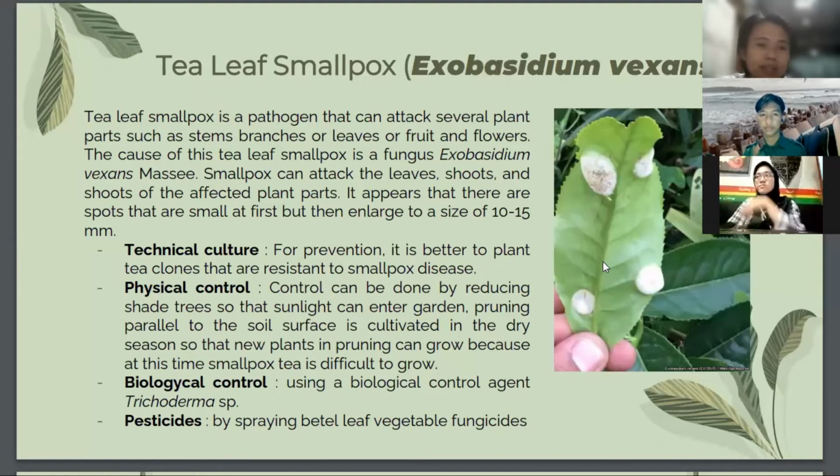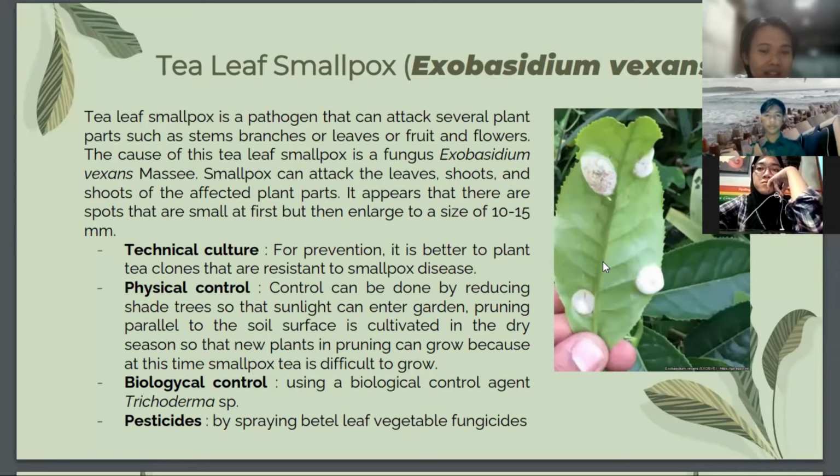The first is tea leaf smallpox. Tea leaf smallpox is a pathogen that can attack several plant parts such as stem, branches, leaf, fruit, and flower. The cause of this tea leaf smallpox is the fungus Exobasidium vexans.